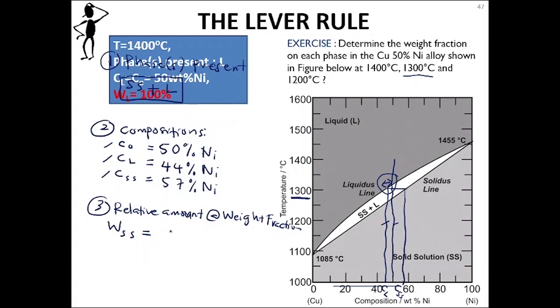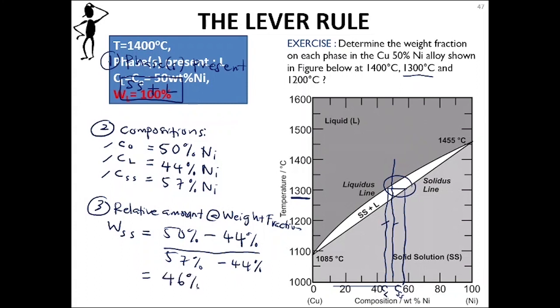So we have 50% minus 44%, divided by the overall length, which is CSS minus CL. CSS is 57% minus CL 44%. So we get the answer, which is 46% weight fraction of solid solution.